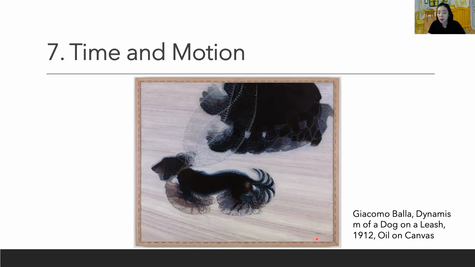The artist tried to record all of the time and motion of a certain moment in one frame. So we can see a dog and a person walking in this painting. And that is implied motion.